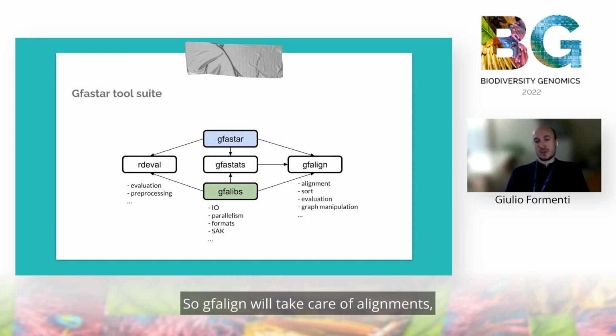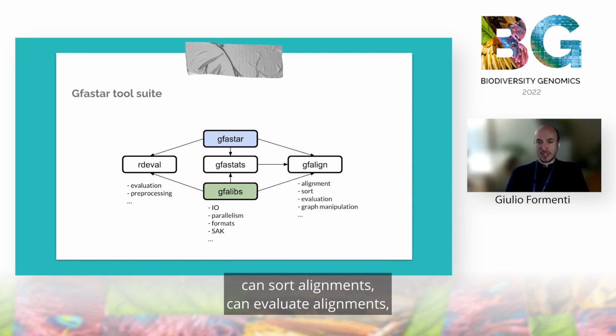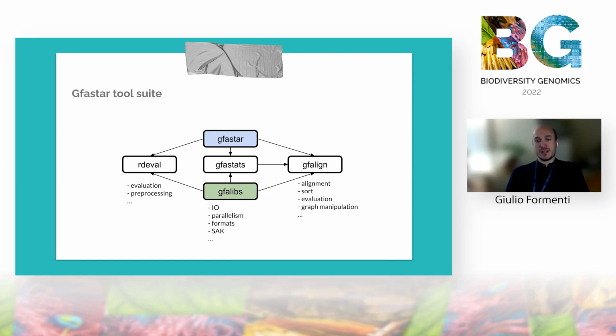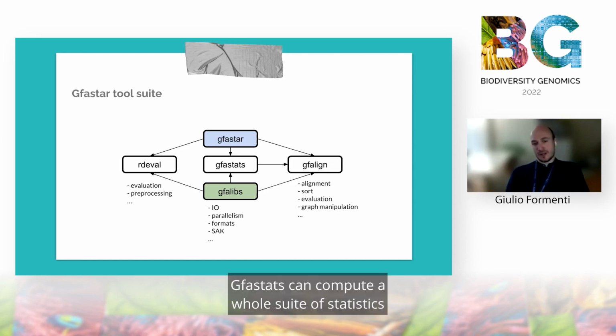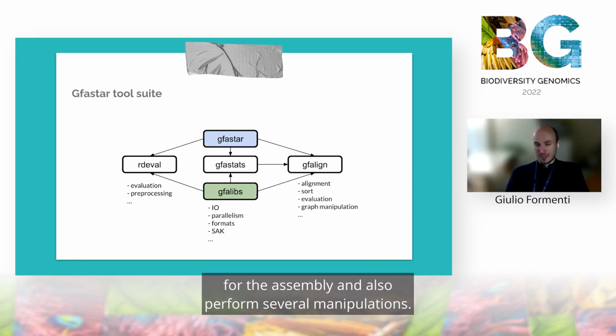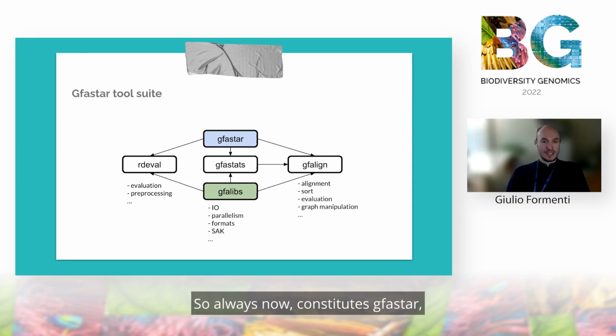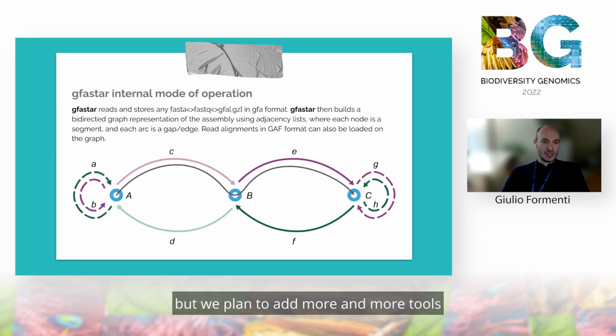So gfalign will take care of alignments, can sort alignments, can evaluate alignments, can use aligners to generate the alignments themselves, and allows graph manipulation from the alignment information. Gfastats can compute a whole suite of statistics for the assembly and also perform several manipulations. rdeval is to evaluate and pre-process the reads. So all this now constitutes Gfastar, but we plan to add more and more tools as we keep developing Gfastar.